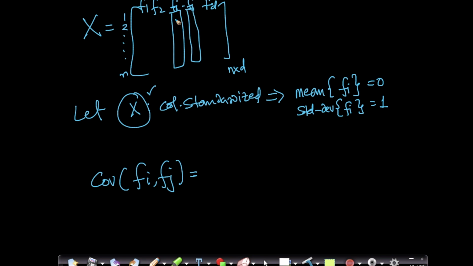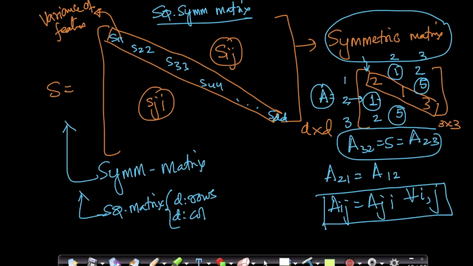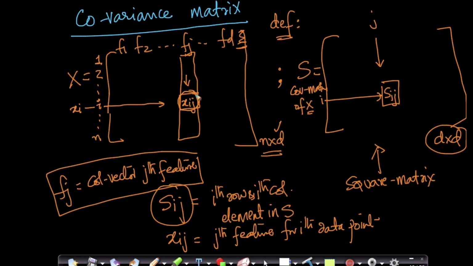It has elements: x1i, which is the first data point and ith feature, and x2i, the second data point and ith feature. Similarly, this one is x1j, the jth feature, and this one is x2j. We just learned about this terminology a while ago when I explained xij. I'm just reusing that right now.